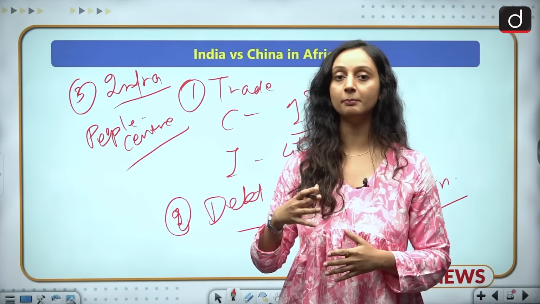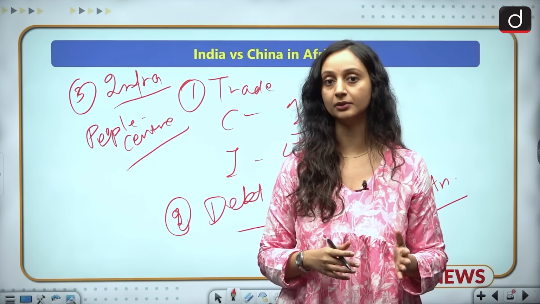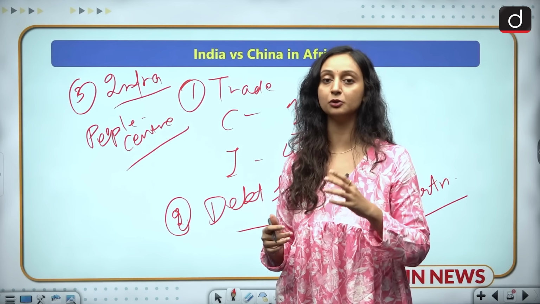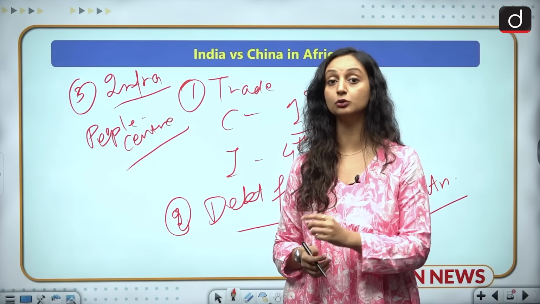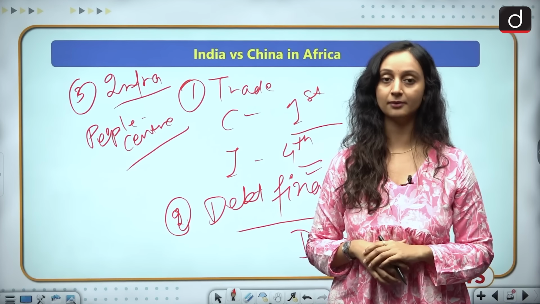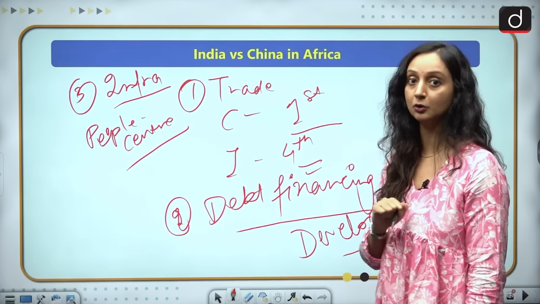And this gives us a better image in the global scenario in terms of Namibia also and other African countries. India has a better image because it has more goodwill compared to China, which focuses only on infrastructure development and that too through debt financing. And we can benefit from the historical friendship that we have with Namibia and also the multi-sectoral partnership that our Prime Minister is now looking at.